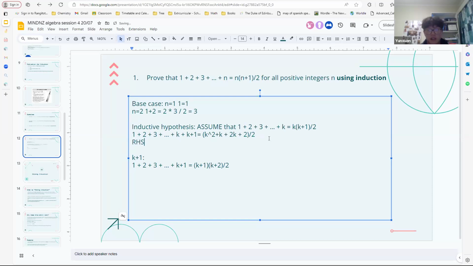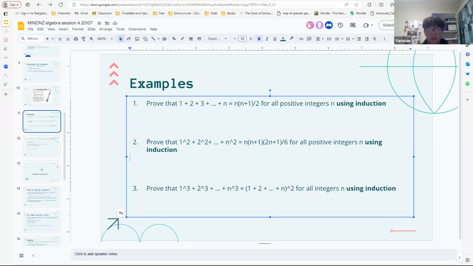So if we look at the right-hand side, it equates to k squared plus 3k plus 2 divided by 2, which is equal to k plus 1 times k plus 2 divided by 2, which is what we want. So by extending our inductive hypothesis to k plus 1, we've proved the case for k plus 1.